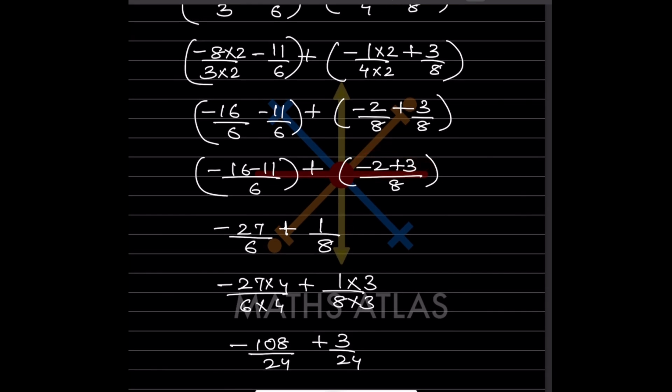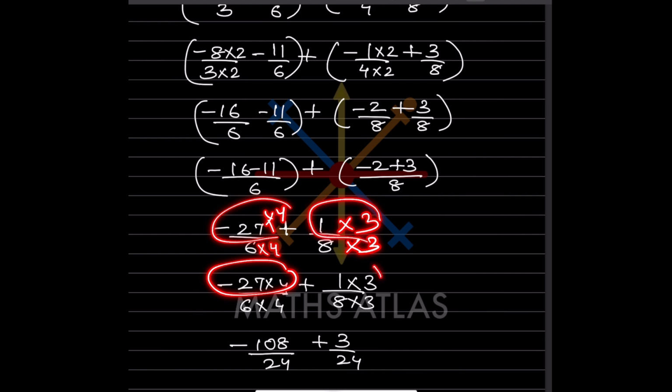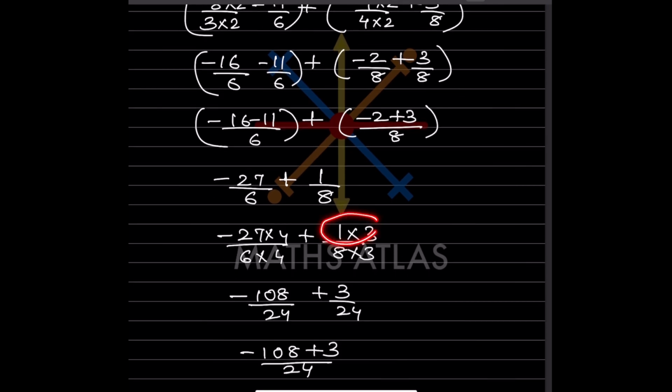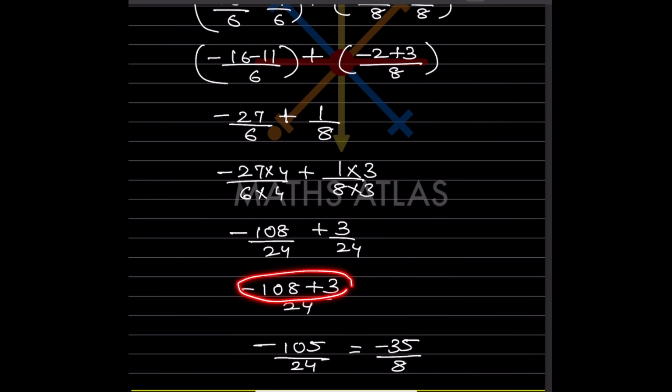Now again you can see the denominator is different. So we'll take the LCM and that will be 24. So this will be the same. The 27 into 4, that will be 108, but that will be negative. And this is going to be 8 into 3, that is 24 and 24.